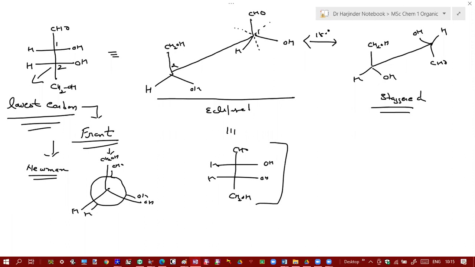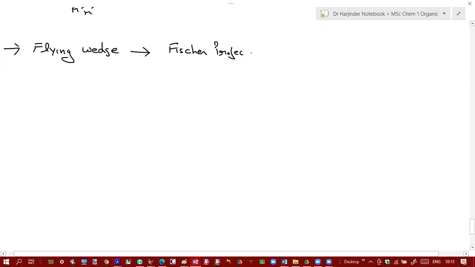Yes, sir. Now next is how to convert flying wedge structure into Fisher projection. This is very important. Conversion of flying wedge to Fisher projection.